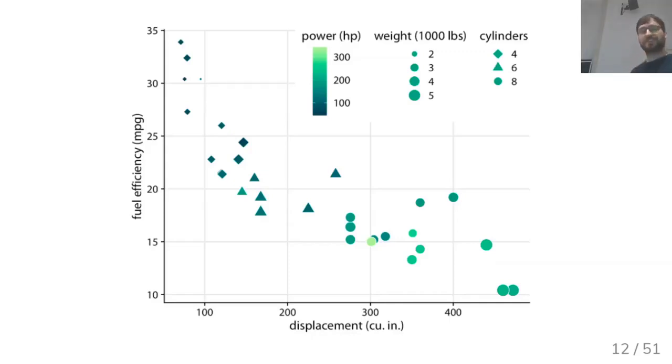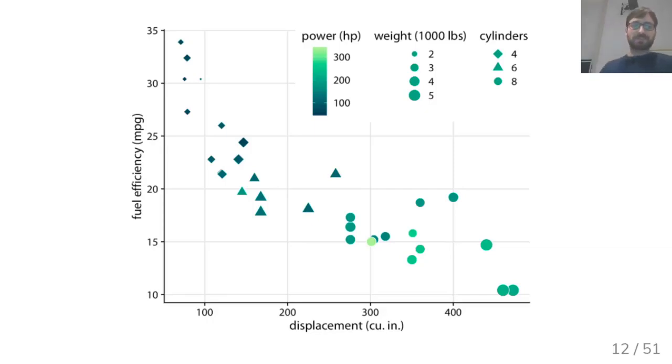Here is an illustration that I think is nice from Wilke's book, which shows how you can think of different aspects of the data mapping to different channels. This is a fuel efficiency data set, and we're showing a 5-dimensional data set here. It's a very small data set, so we can show all of it, and all 5 dimensions are shown in the 2-dimensional plot.